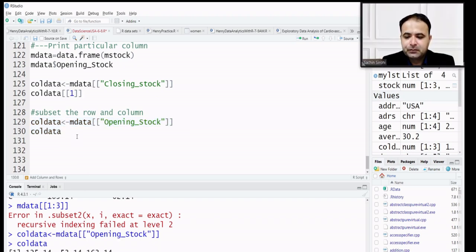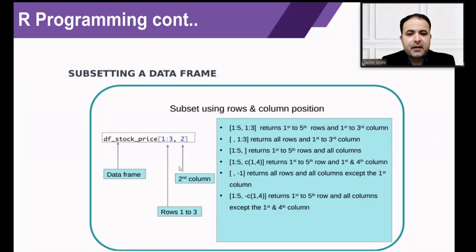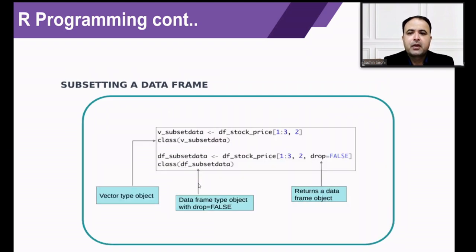Now, we can fetch the rows, we can fetch number of column as per your requirement. Now, subsetting a data frame. For example, I have applied the DF stock price 1 colon 3 comma 2 and to check out the type of the object.